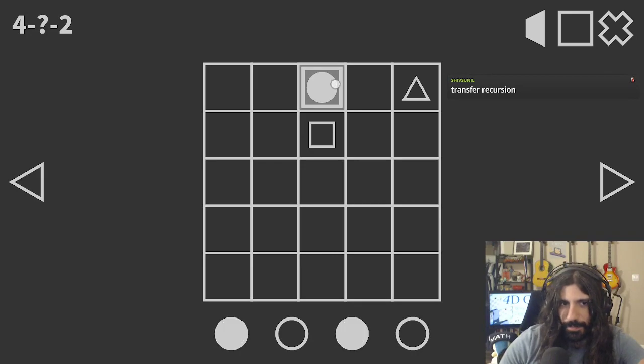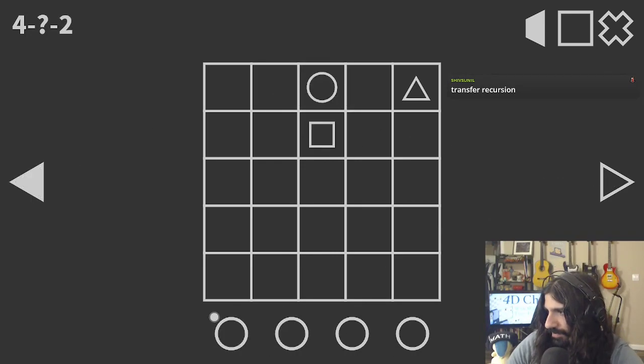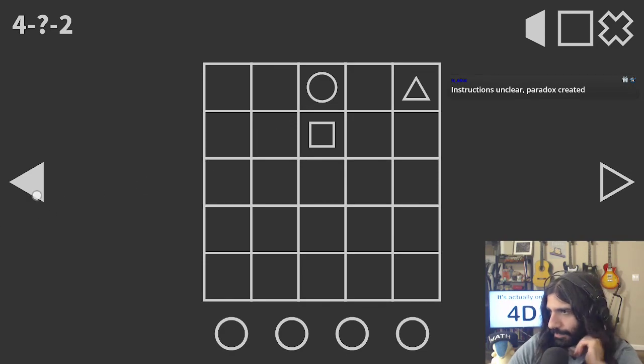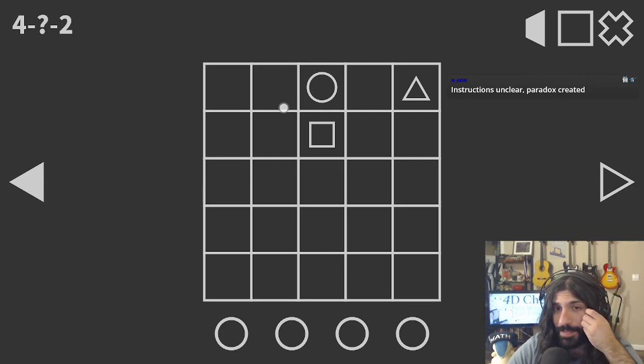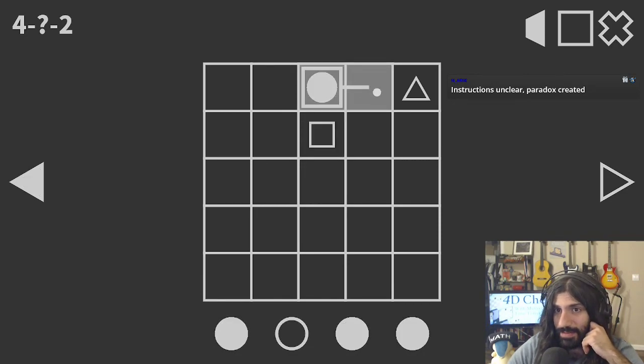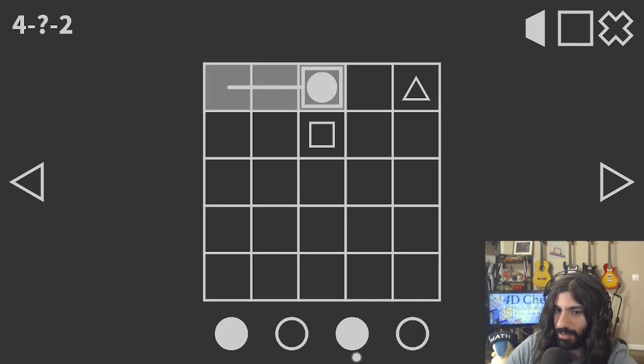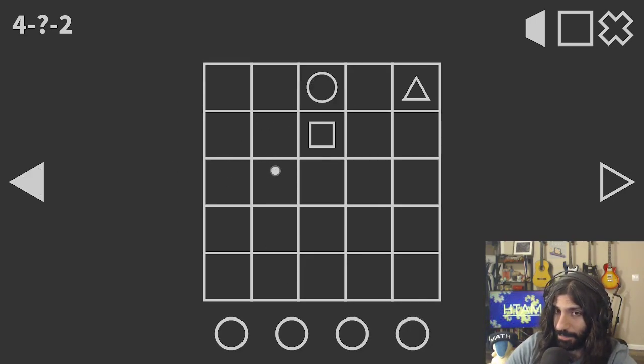Okay, so look. As soon as we do anything here, transfer recursion. As soon as we submit anything here, the previous puzzle uncompletes itself. You can see that the arrow or the triangle is filled in. And when I do some things, it stays completed, but not all the time.